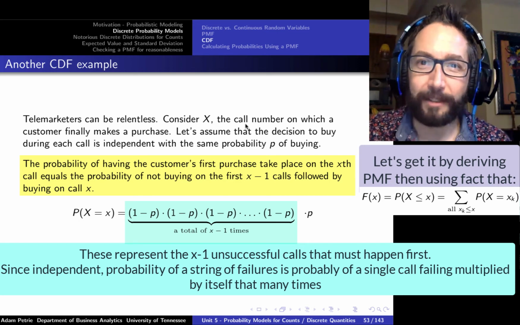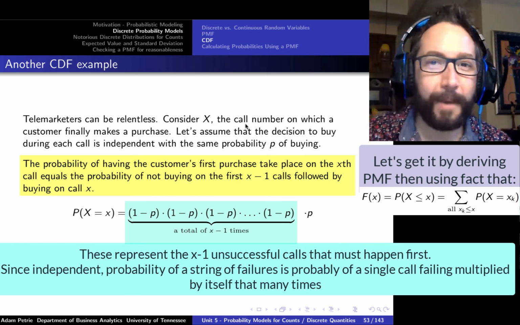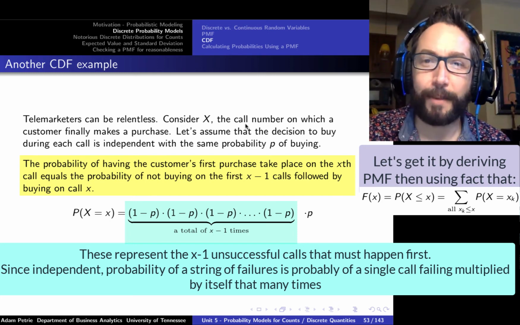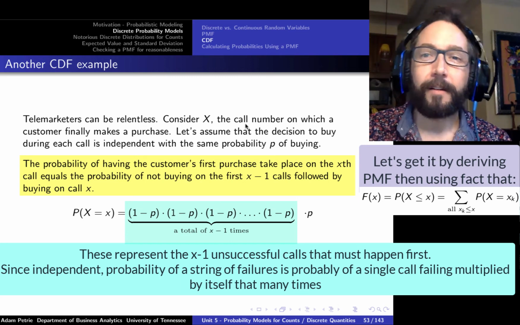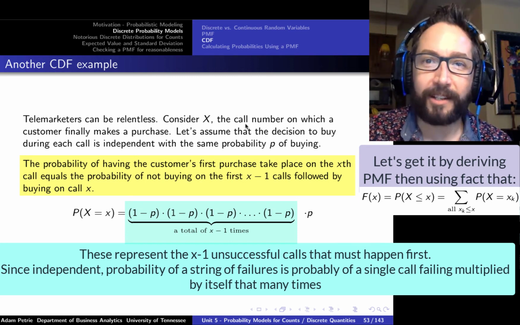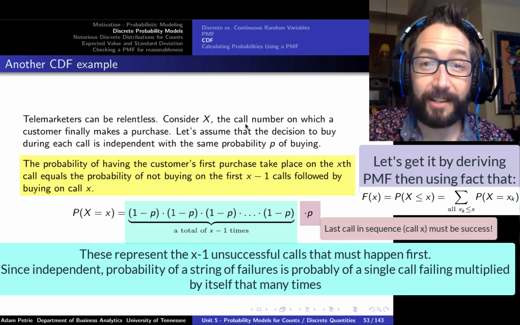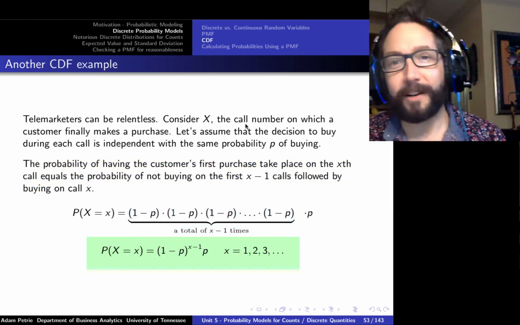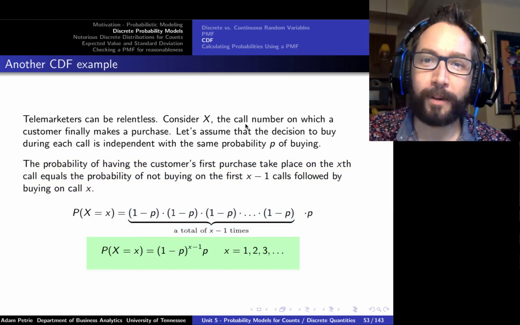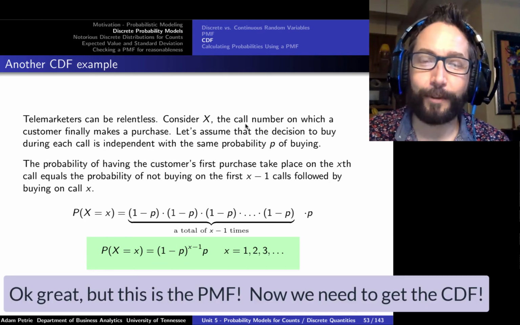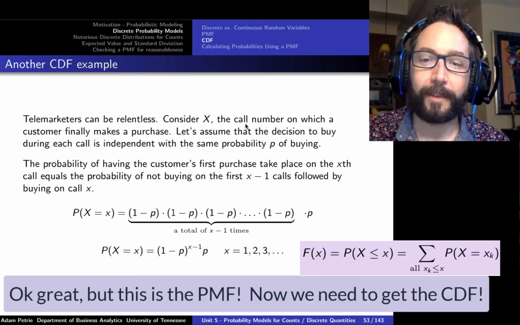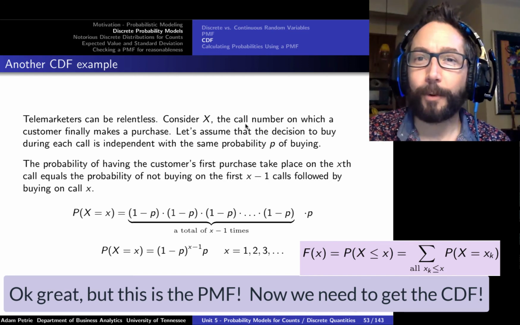So the probability that the first x minus 1 calls are all unsuccessful would just be 1 minus p multiplied by itself x minus 1 times, or 1 minus p raised to the x minus 1 power. That sequence of x minus 1 unsuccessful calls followed by a success on call x. So that whole product, that 1 minus p raised to the x minus 1, multiplied by p to represent that final call being successful on call x. So not too bad, we have a formula for the PMF.